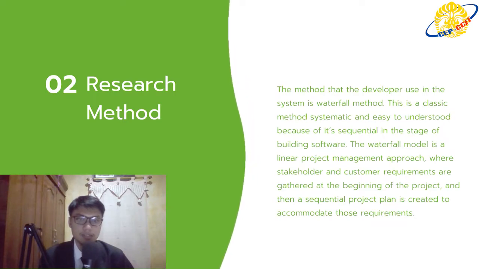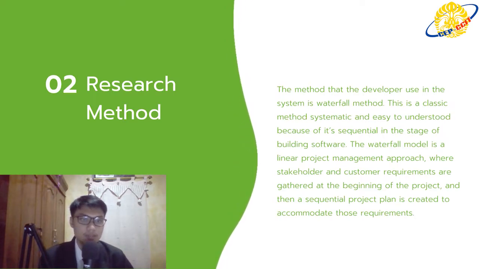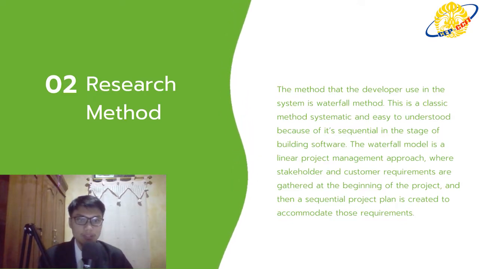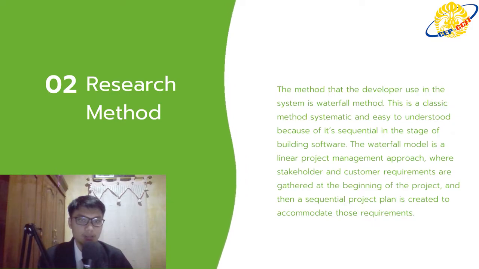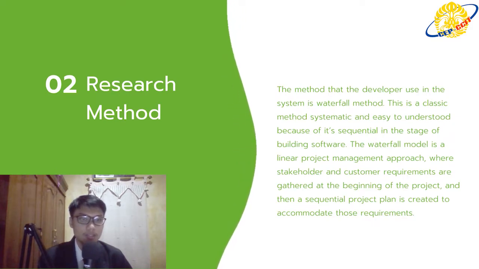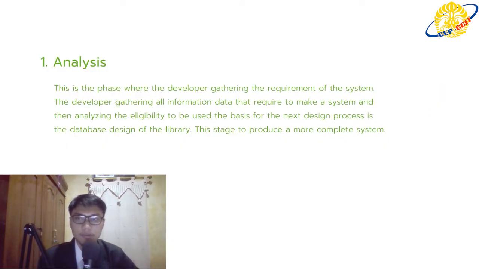Some of the industries that regularly use the waterfall model include construction, IT, and software development. However, the term waterfall is usually used in a software context, and there are three phases of the waterfall model according to Pressman: analysis, design, code, and test. Okay, the first step of the waterfall model is the analysis.